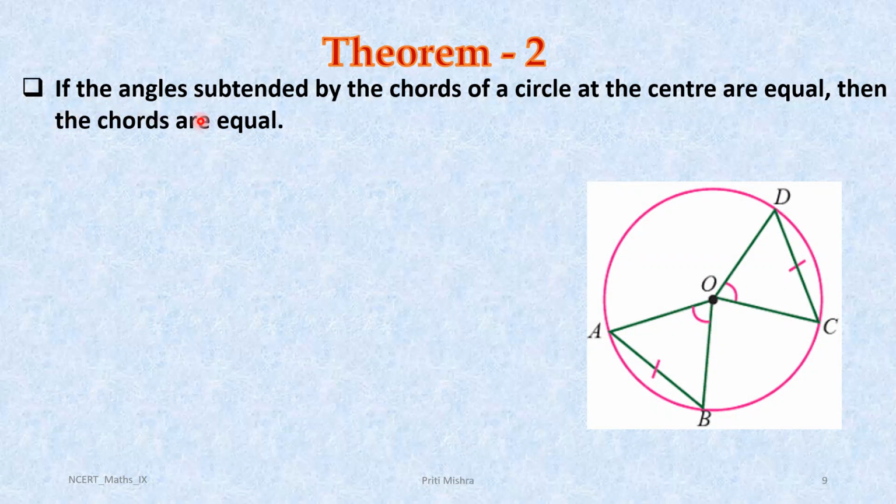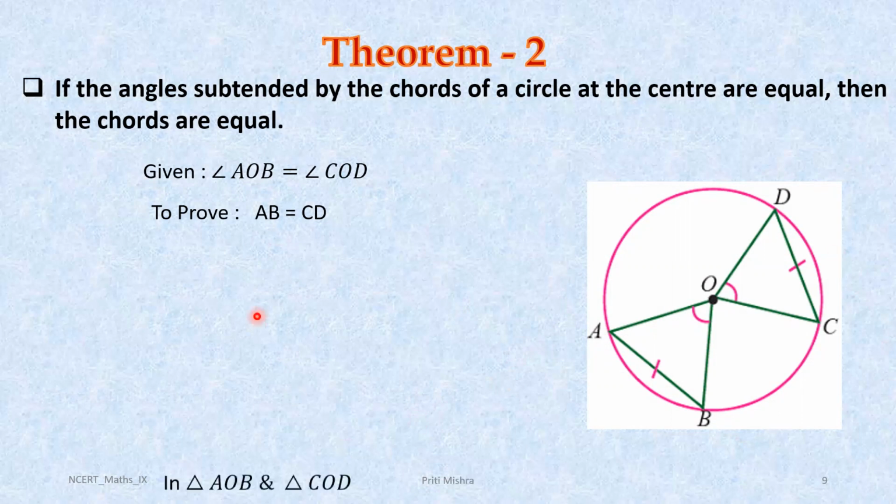Here it is given that angle AOB is equal to angle COD. And we have to prove here that these two chords AB and CD are equal. So just like theorem number 1, we will prove these two triangles are congruent. Then with the help of CPCT, we can say that AB is equal to CD.